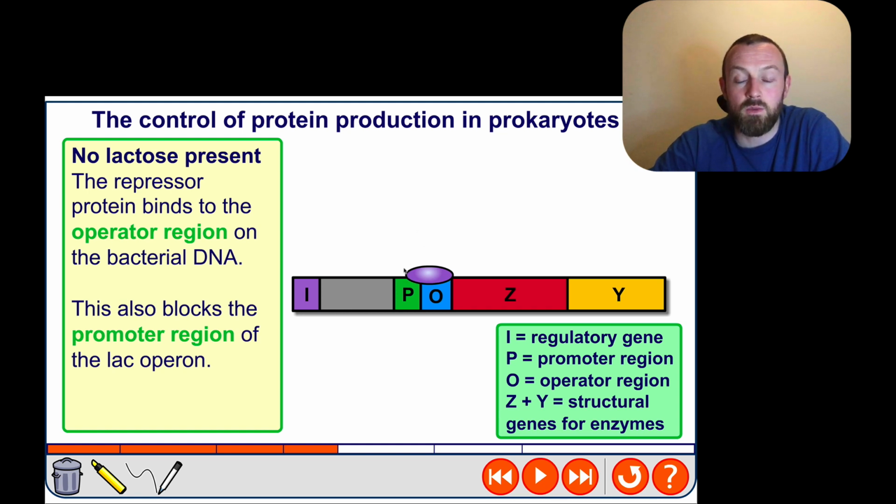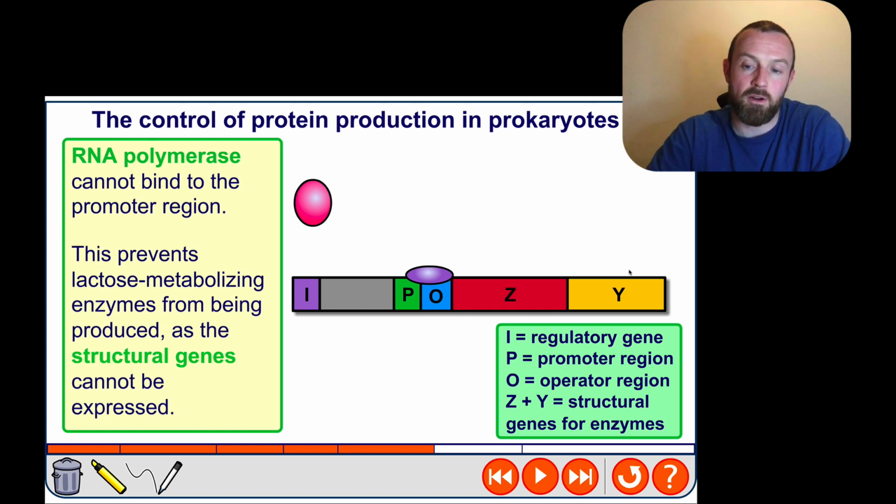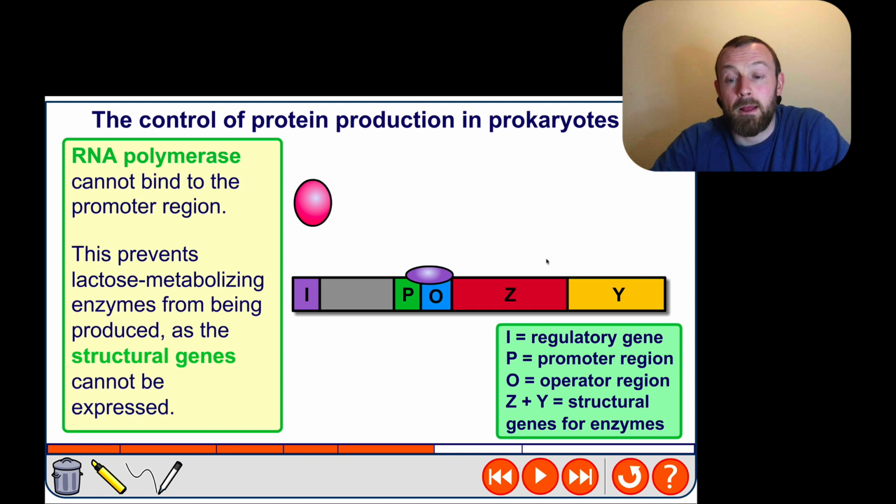Now the promoter is where RNA polymerase would normally bind, to do transcription. So if that protein is there, the RNA polymerase cannot bind, it bounces off. So that means that the structural genes, Z and Y, can't be transcribed and turned into mRNA and then into proteins. So we don't express those two proteins.